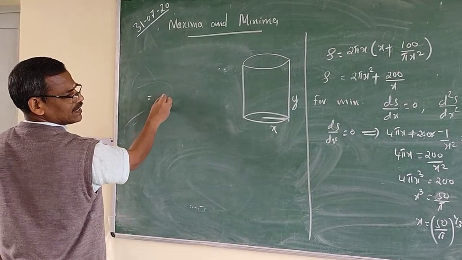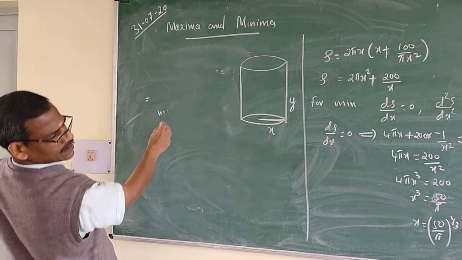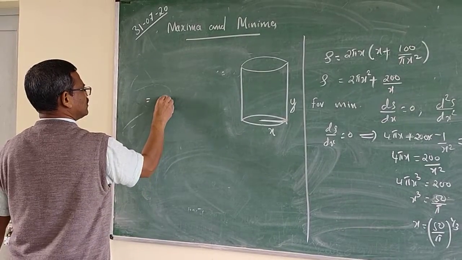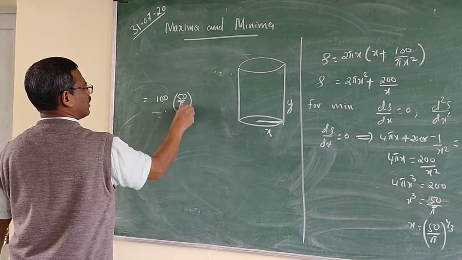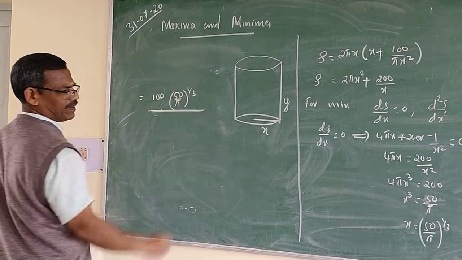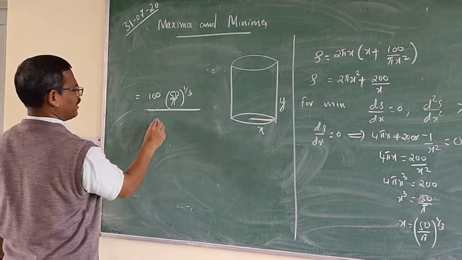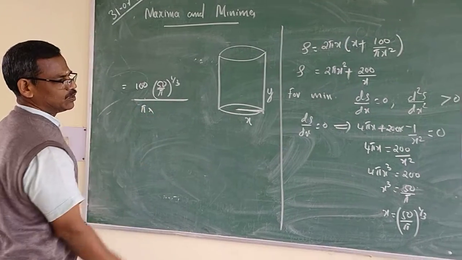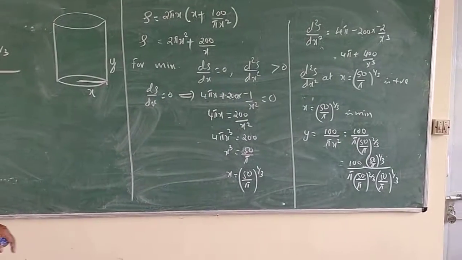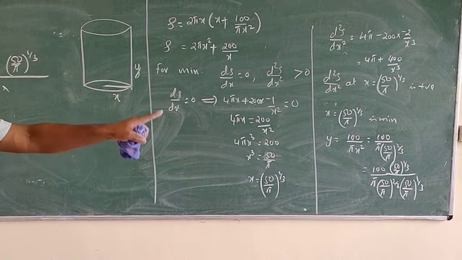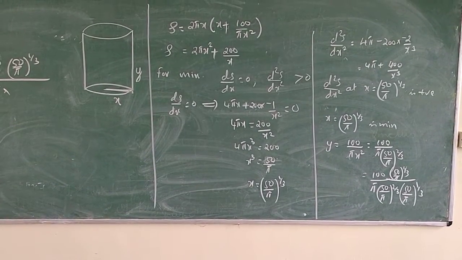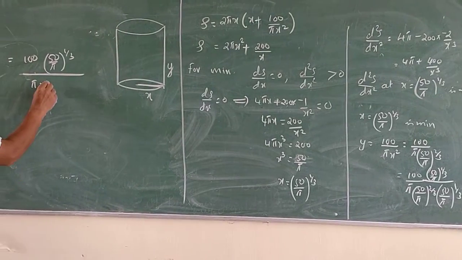That is 100 into 50 by pi raised to 1 by 3, divided by the denominator, you have pi into 50 by pi raised to 2 by 3 into 50 by pi raised to 1 by 3. 2 by 3 plus 1 by 3 is 3 by 3.